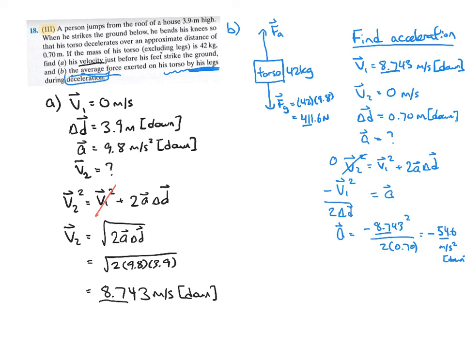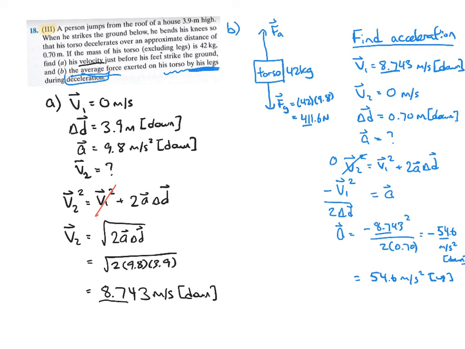Okay, and my answer is negative. Okay, my answer is negative down. So that's really the same as positive up. So the acceleration is up. And that's why I drew my applied force upwards larger than the force of gravity.